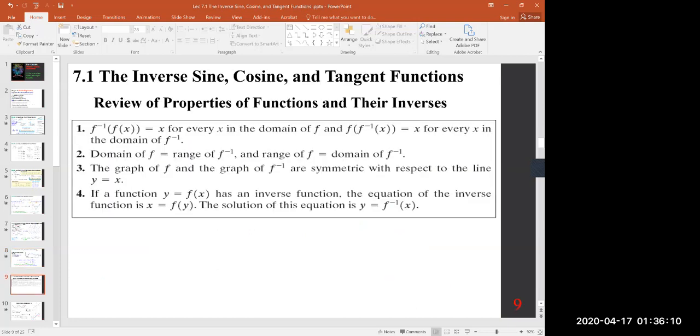Now we're going to go to inverse functions. And to do that, first, let's quickly refresh everyone's memory about inverse functions and the meaning of that and the effect of dealing with them.